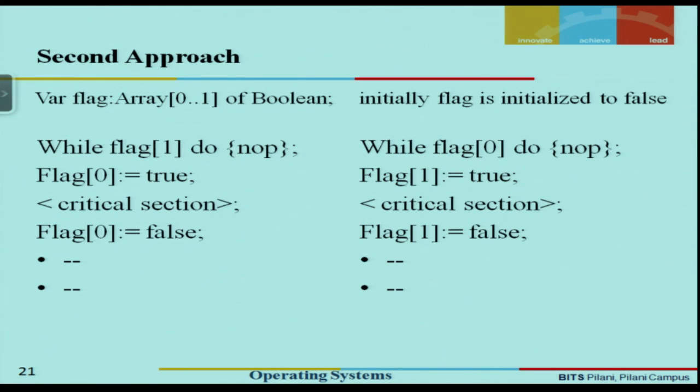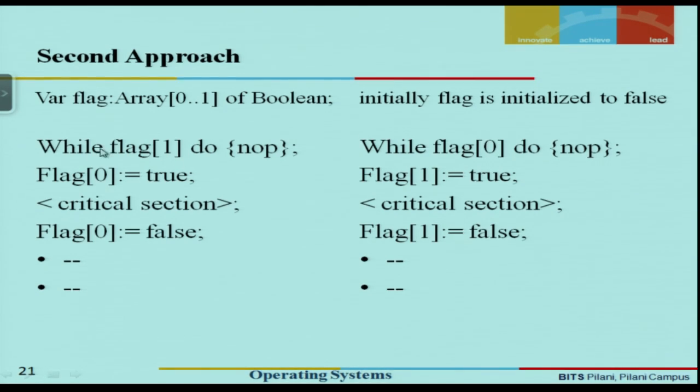In this case, to maintain the state of the process, we define a flag, which is an array of 2 elements, and these can be initialized to true or false. In the beginning, this is initialized to false.